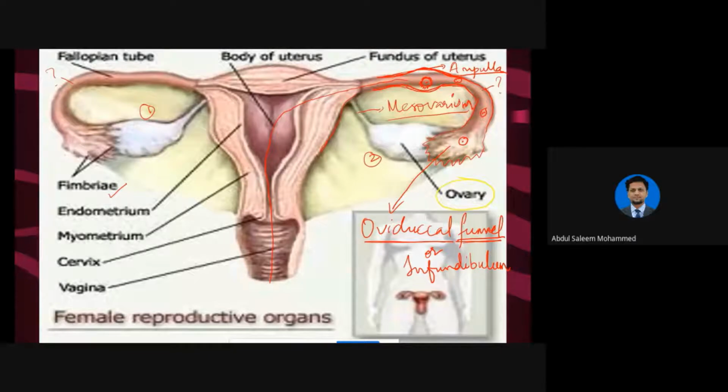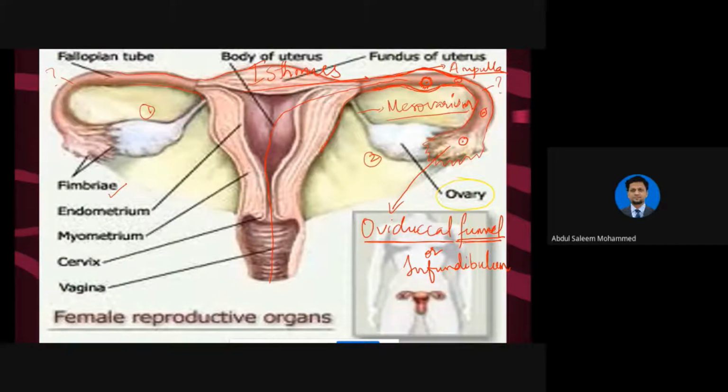Okay. Now, from either side, the fallopian tubes or the oviducts join together at one junction. This junction is called the isthmus. I-S-T-H-M-U-S, isthmus.